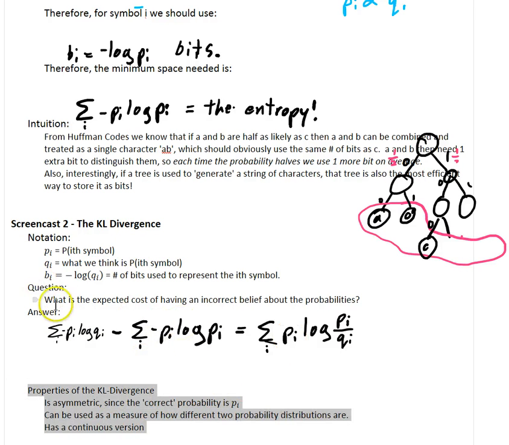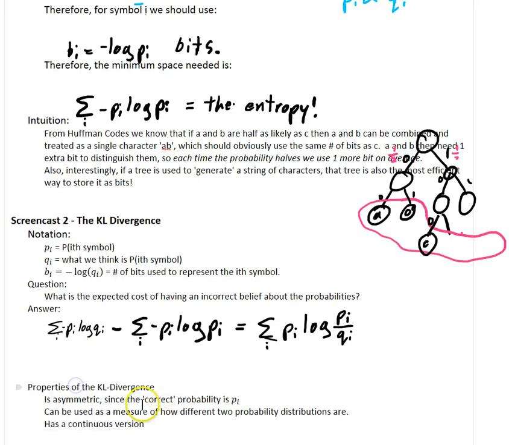So what are some properties of the KL divergence? Well, first of all, it's asymmetric. We've got p_i over q_i, and then we've got a p_i here, right? So if q_i was the correct probability and p_i was the incorrect one we were assuming, we would get a different number. However, it can be used as a measure of how different two probability distributions are.